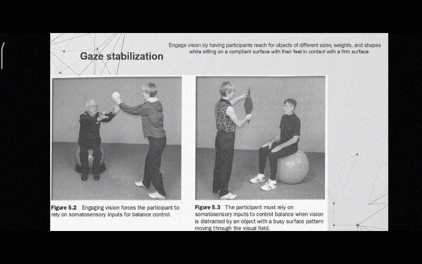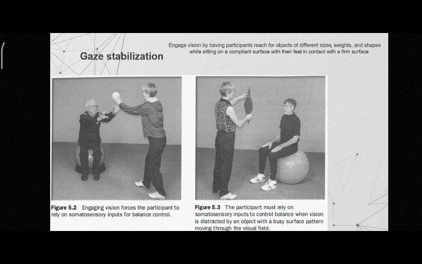So the next is we will give the patient specific tasks which are related to gaze stabilization. So we will ask the patient to look at a particular object or look at a chart or a particular diagram and follow the diagram and try to play with it. In this first example, we can see that the physician is holding a ball and the patient is asked to pick that ball.